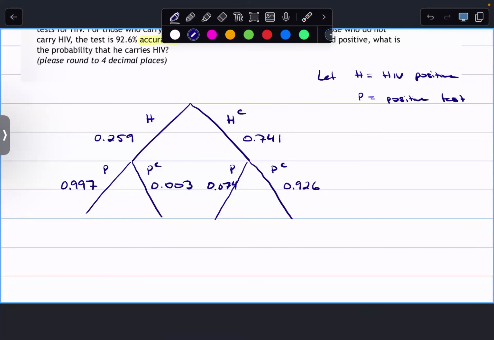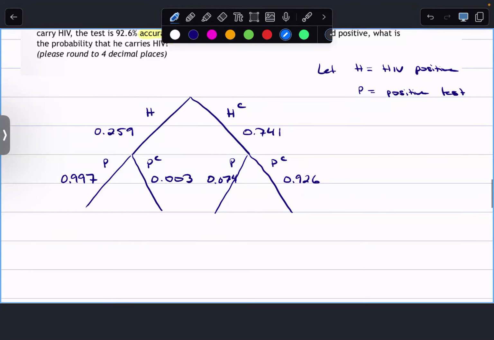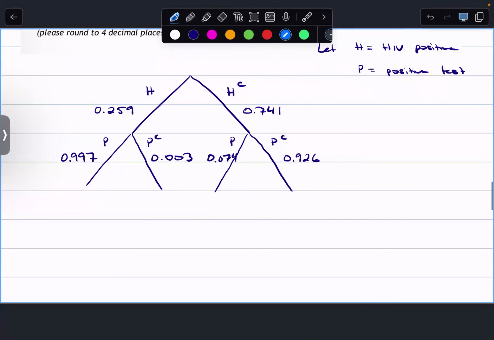Here I'll do the overkill in light blue. You don't have to do this part, but it helps. HIV, testing positive; H, not positive; not H, testing positive; and then not H, not testing positive. Okay.